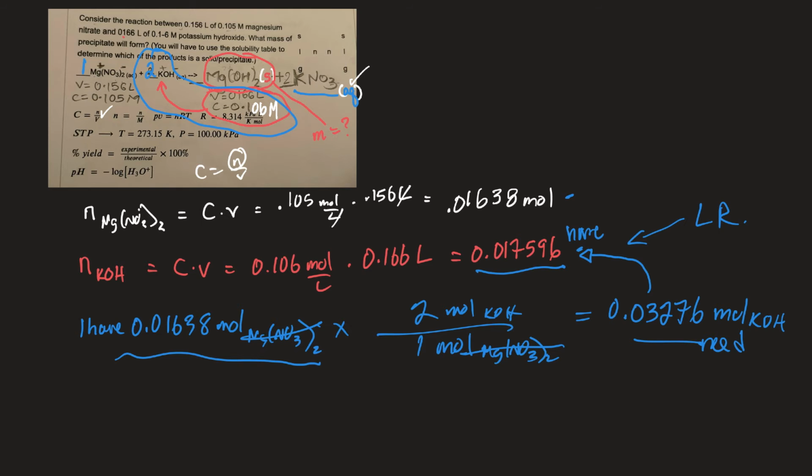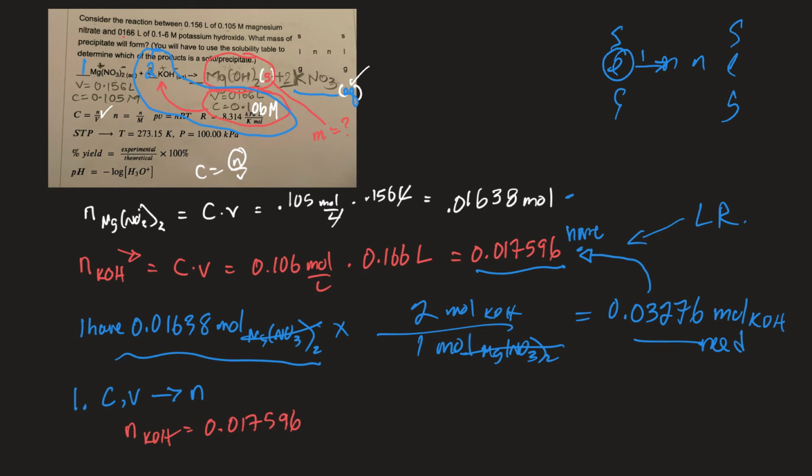Okay, so now let's do our solid liquid gas, moles. So I need to go from here to here, that's step 1. So step 1 is to take my concentration and volume and convert it into moles of the potassium hydroxide. And I already did that in the red step, this one right there. So my moles of potassium hydroxide are 0.017596.